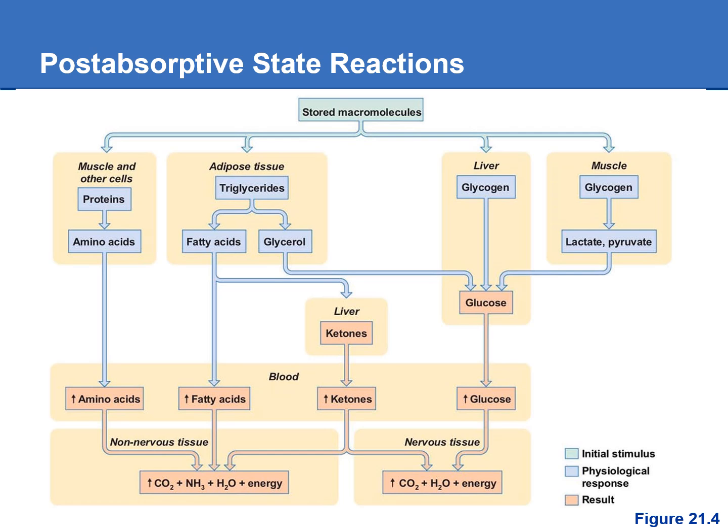All right, so this is a really nice flowchart from chapter 21 again, showing you all of these post-absorptive state reactions. And what I want you to notice is that the brain is going to be using glucose to make ATP, and could also use some ketones if it needed to.